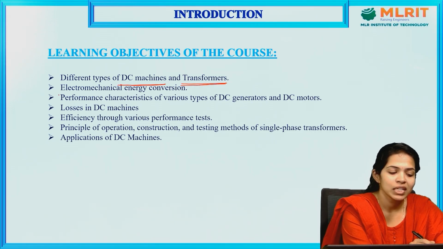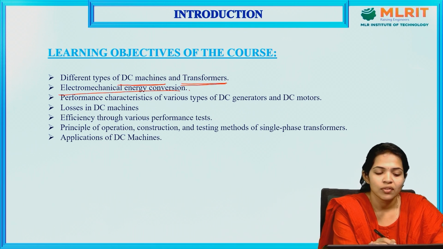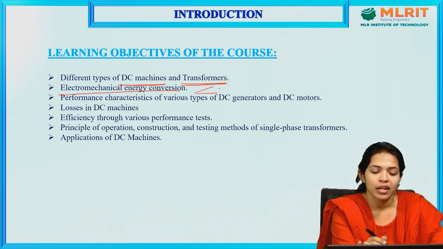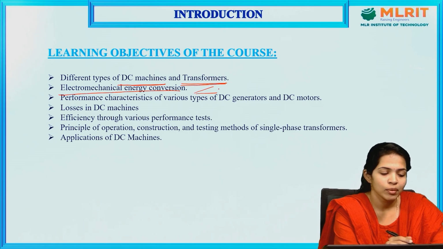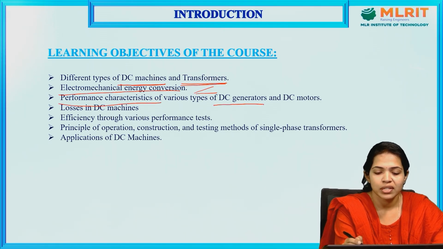Then we will be studying in detail the electromechanical energy conversion principle, the various laws involved under it, and the respective mathematical expressions. Then, moving on to the performance characteristics of various DC generators and DC motors.